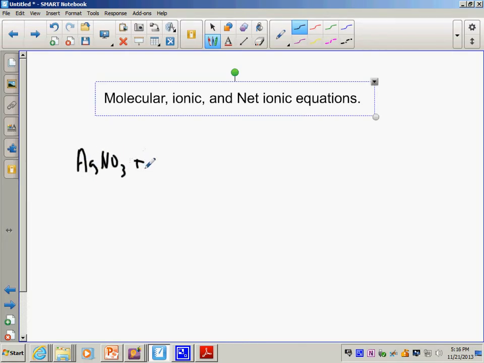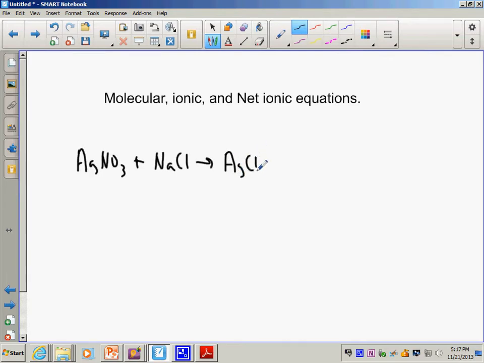AgNO3 plus, let's say, what was it, NaCl yields AgCl plus NaNO3. This is called a molecular equation because we're holding everything together as molecules, even though we know from previous chapters that ionic compounds don't stay together.